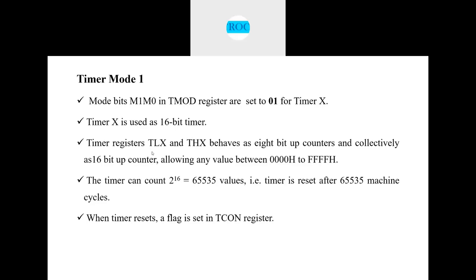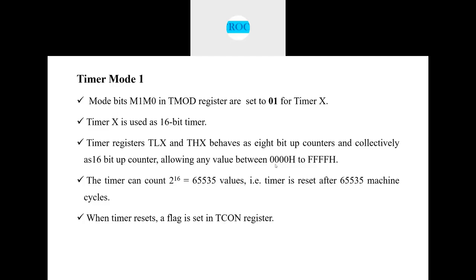TLX is the lower byte and THX is the higher byte. This is 1 byte and this is also 1 byte, 8 bits and 8 bits, so totally it will be a 16-bit up counter.